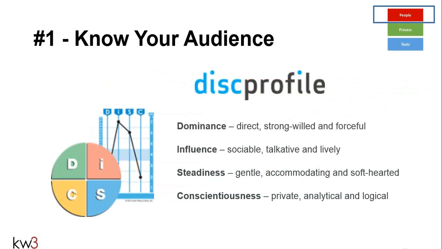I think this is important because before you can effectively communicate to the executive sponsors, to the senior leadership on your engagements, you have to know how you communicate and how you're wired, because how you respond to your executives may need to be modified so you're most effective in communicating with them.